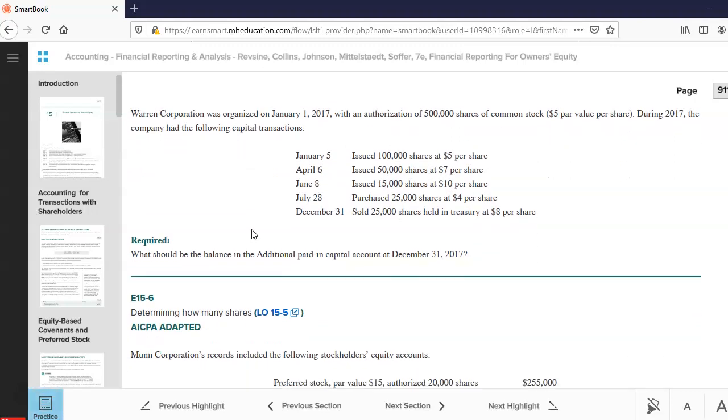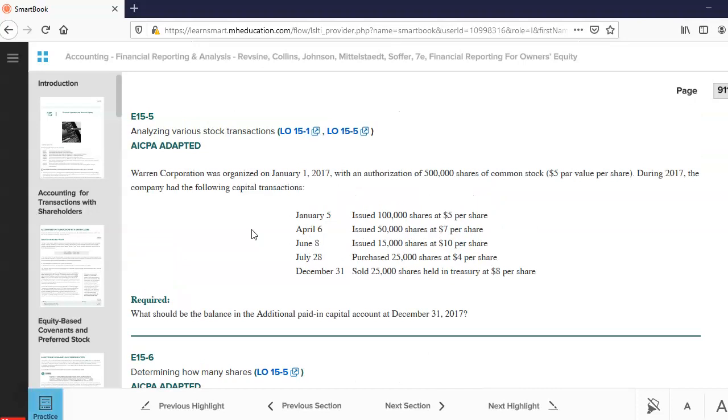Okay, the next question is question 5. And this one deals with the issuing of stock. And it's not too bad. I think you should probably recognize this from accounting principles a little bit. I think you would have done a few problems like this way back in the day.